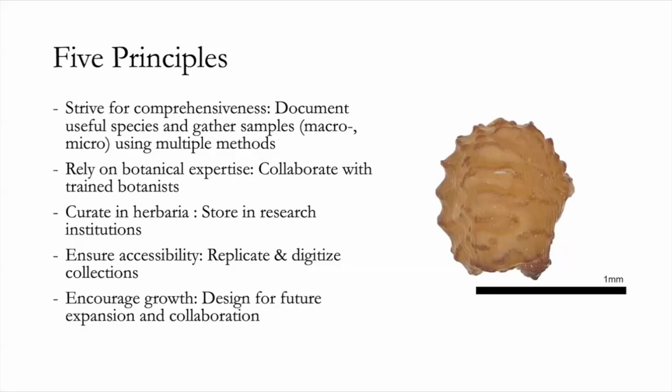So extant comparative collections face several problems. One is that in the 1960s and 1970s, many of the early archaeobotanists were trained in botany, so they were familiar with plant taxonomy and with collecting plant voucher specimens on the landscape. That's become increasingly not the case.